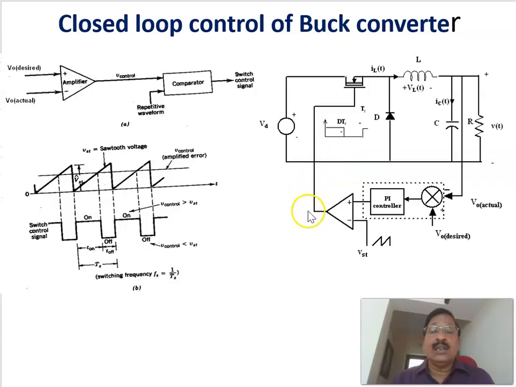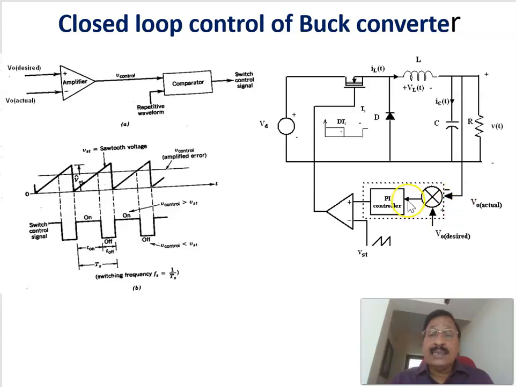Therefore, we have to do the closed loop control of the buck converter. This is the closed loop control, and this is the power circuit, and this is the control circuit. The output is sensed using a voltage sensor and compared with the reference voltage. For example, in this case, I want to keep the output voltage at 50, with the input voltage at 100. The actual voltage is taken, and the reference voltage is 50 volt.